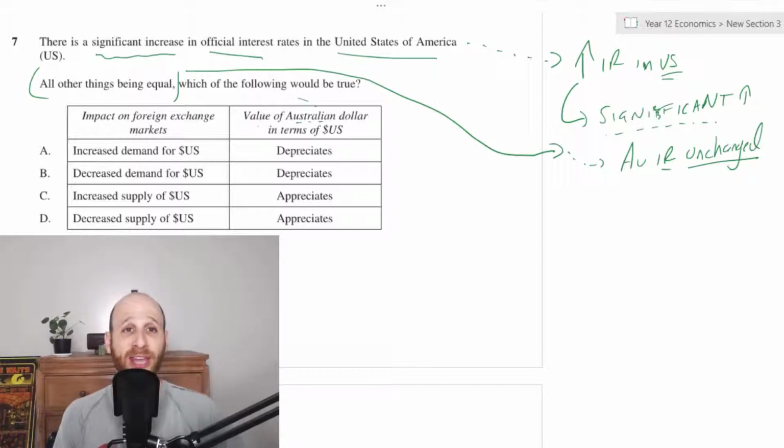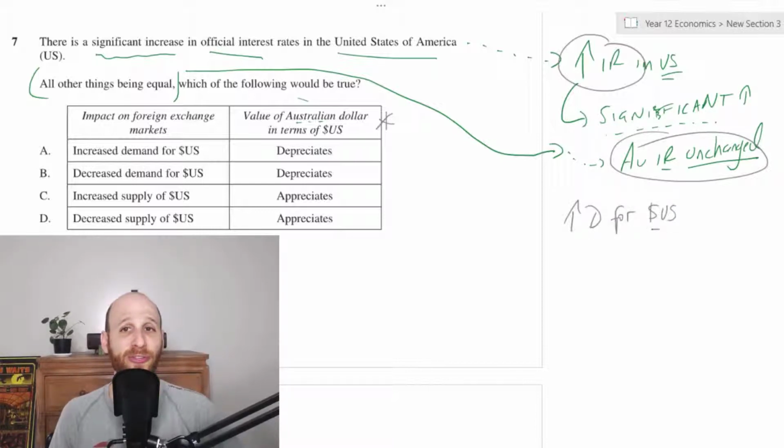Now we can see here again a double-barreled situation. I'll get out my silver pen, and I think I like this one to do first, because I know that if US interest rates increase and Australia's remain unchanged, more people will want to save, put their money in America. So we will see increased demand for the US dollar. And if there is increased demand for the US dollar, the Australian dollar will depreciate.